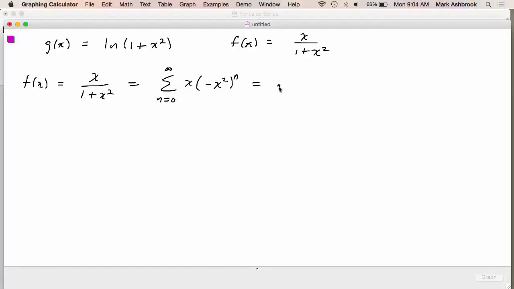So what is this? This is the same as x times negative x squared, all to the n. So let's factor out the negative. We got negative 1 to the n, and then x to the 2n plus 1. And hopefully our rules of exponents are good. You can do that and see that.